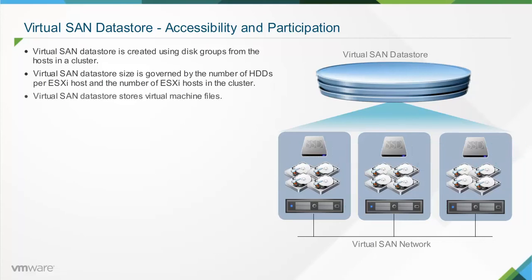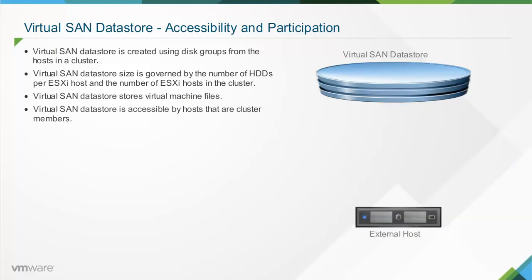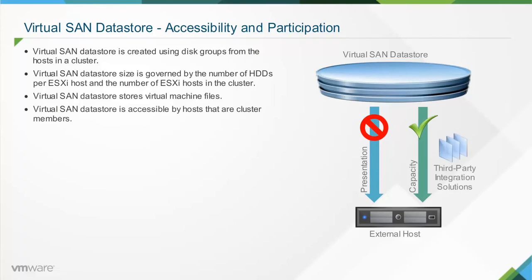The Virtual SAN Datastore is used to store virtual machine files, including the virtual machine disks or VMDKs. The Virtual SAN Datastore is only accessible by hosts that are members of a cluster, which is enabled by Virtual SAN. The Virtual SAN Datastore cannot be presented to external hosts, but its capacity can be exposed externally through third-party integration solutions.